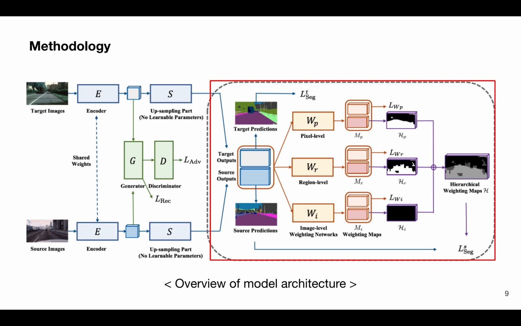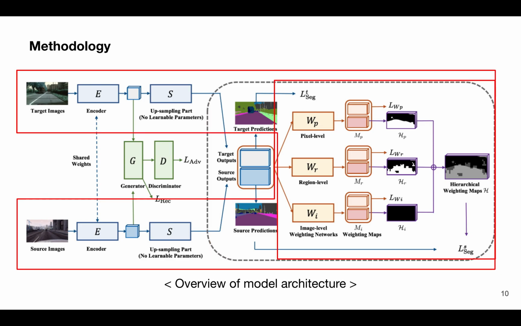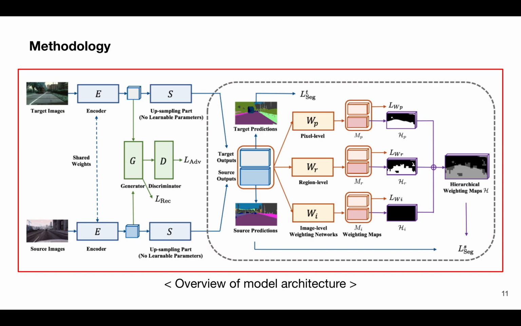And the region level and image level are also trained in the same way. Then they apply this weight to the source domain and target domain again. Then they do joint training with these weighted source images and target images.